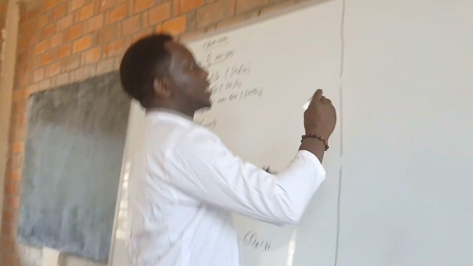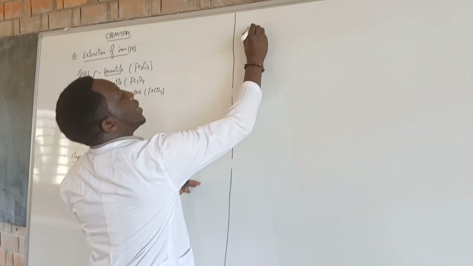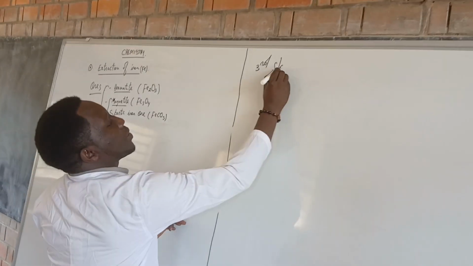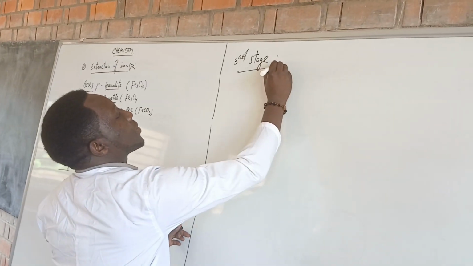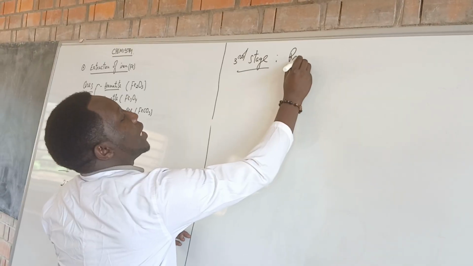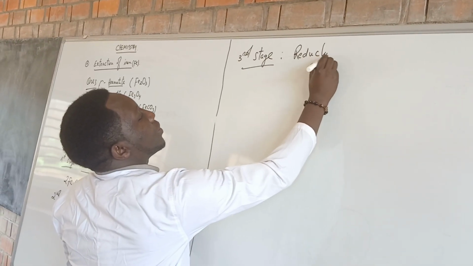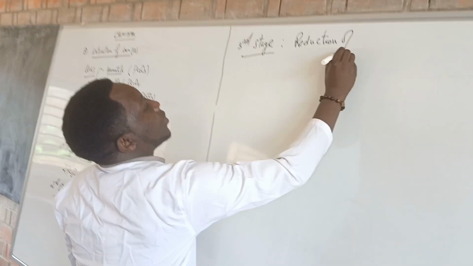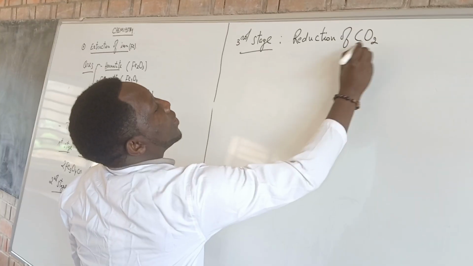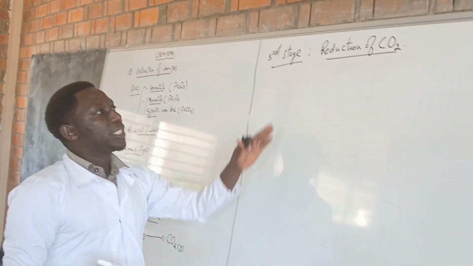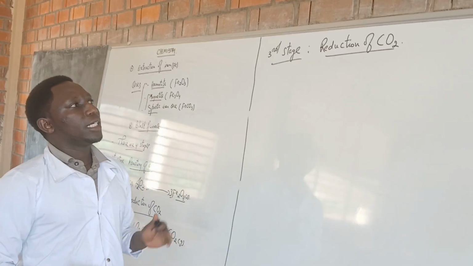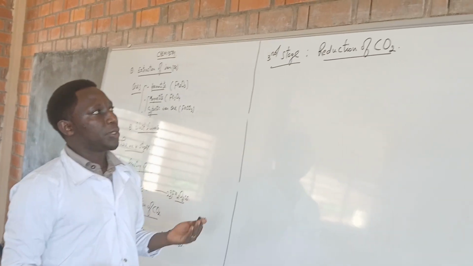The third stage is called reduction of carbon dioxide. In this stage, we change this carbon dioxide into carbon monoxide.